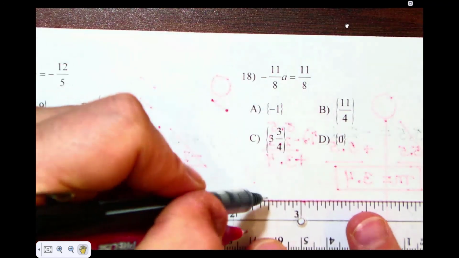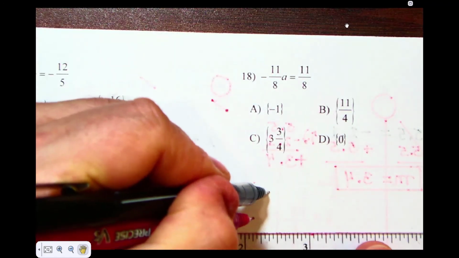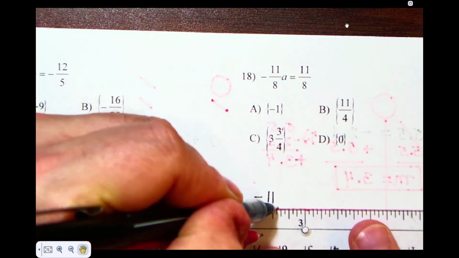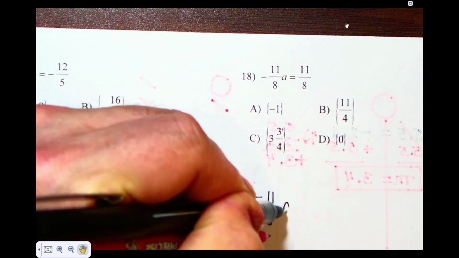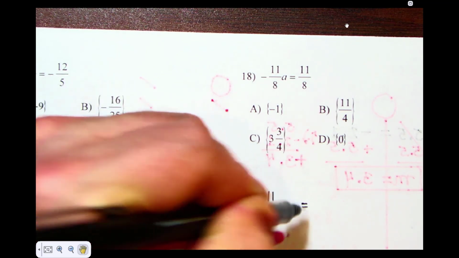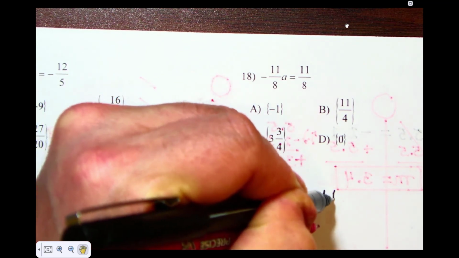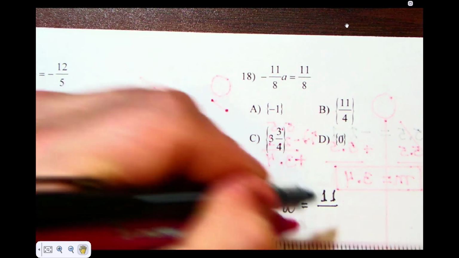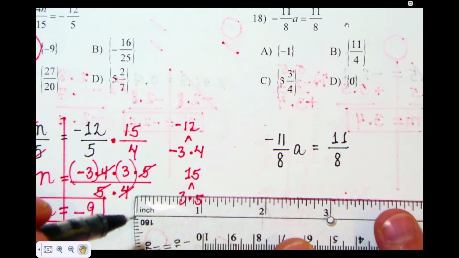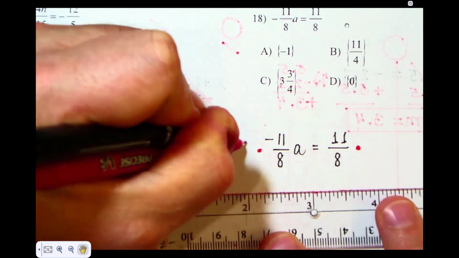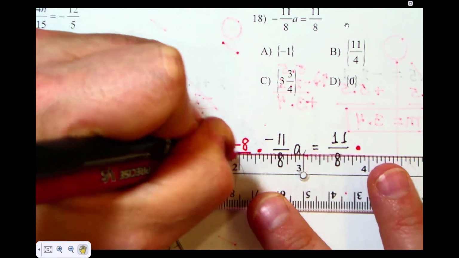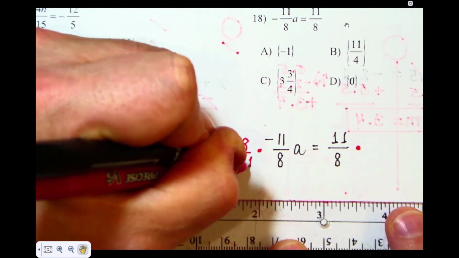We have negative 11 over 8 A equals 11 over 8. Just flip it. So we're going to multiply both sides by negative 8 over, remember that negative sign always stays with the top number.